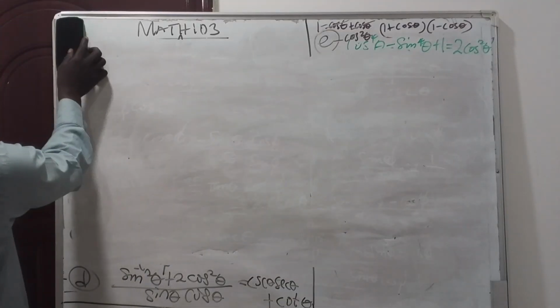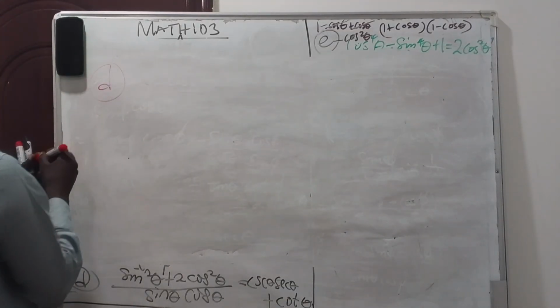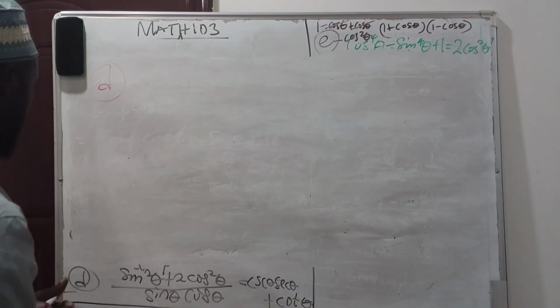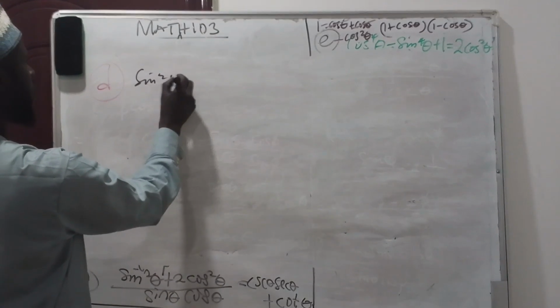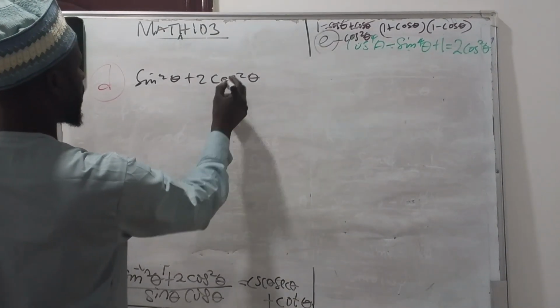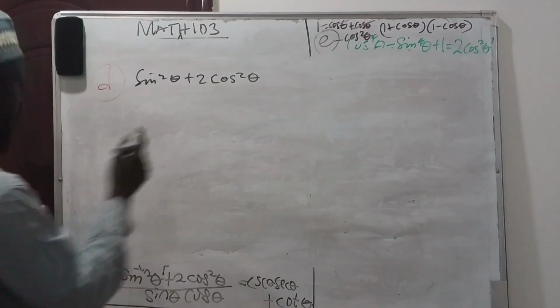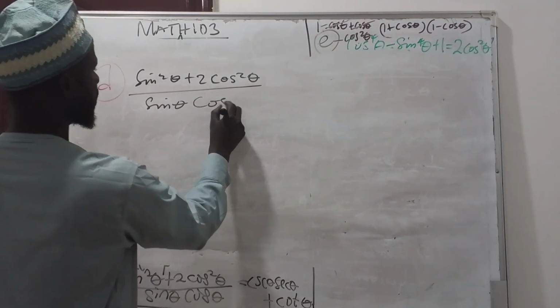For example D, what I have is sine square theta plus 2 cos square theta over sine theta cos theta.